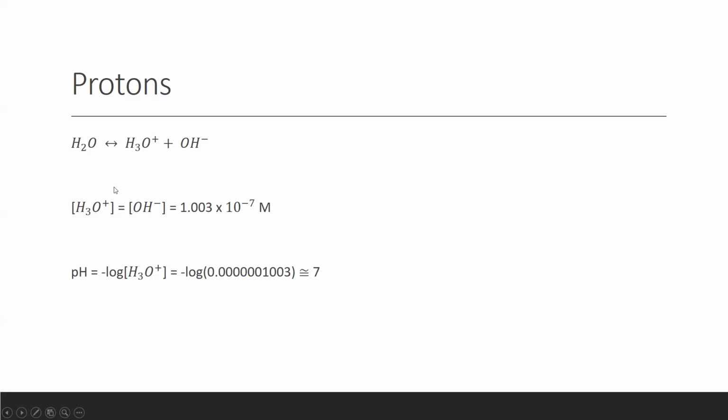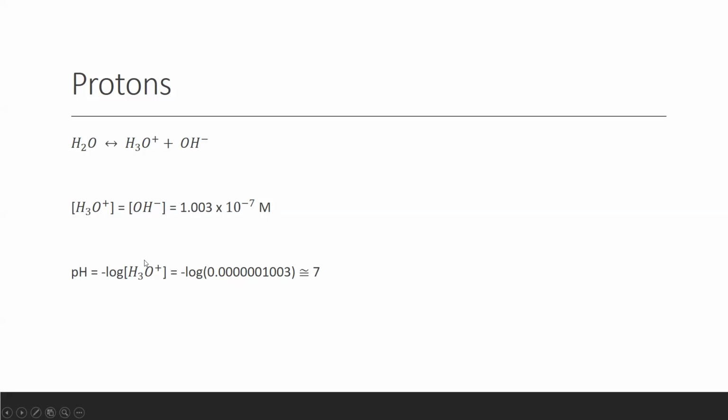Pure liquid water at 25 degrees is nearly all formed of H2O and only tiny amounts of H3O plus and OH minus. You can see with the reaction stoichiometry there that your H3O plus or H plus concentration is going to be equal to your OH minus concentration. At 25 degrees, liquid water has this much H plus or H3O plus and OH minus: 1 × 10⁻⁷ molar, which is moles per liter.